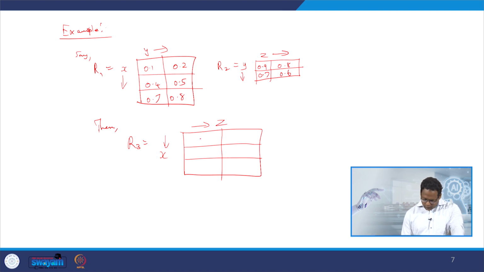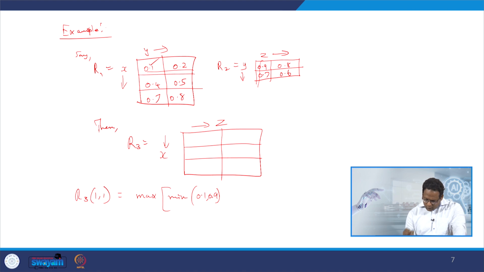So, let us say that R3 of 1 comma 1, what is that, is obtained by max of minimum of 0.1 comma 0.9, this row you take and then this column.